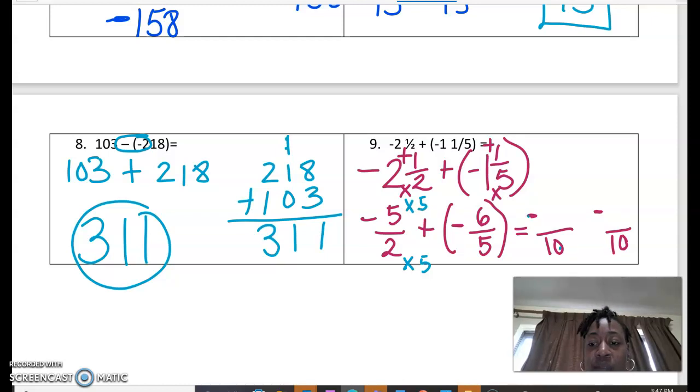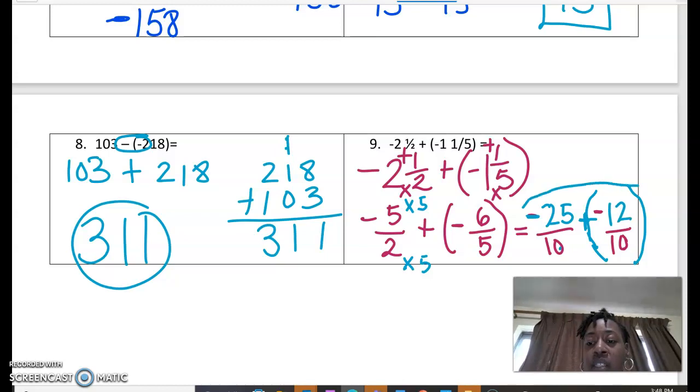That's 25. Keep it negative. Negative 25 plus, get some parentheses. Excuse me if it's sloppy. All right, so 5 times 2 gives me this 10. So I need to do this 6 times 2 to get the new numerator, and that's going to be 12. I got a negative symbol already there.